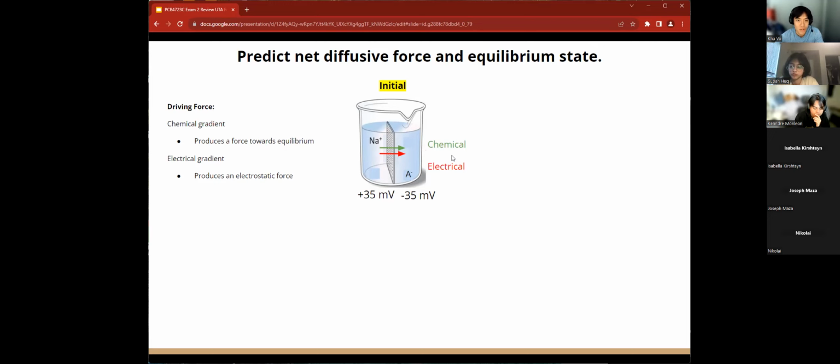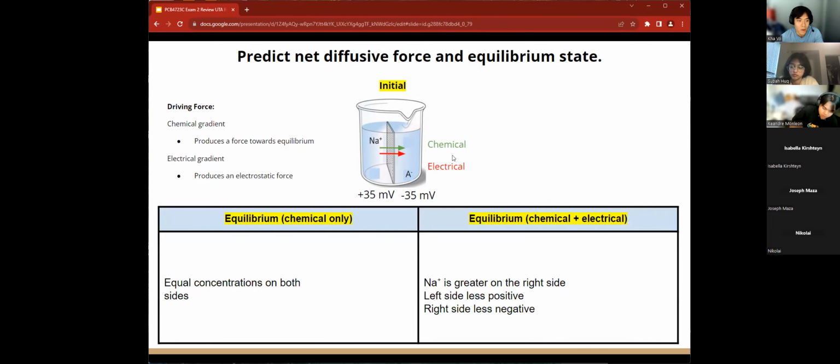Where it gets maybe just a little bit more confusing is when we have to predict the equilibrium state. So let's just say in the first example where only the sodium was in this beaker, let's ignore this ion here. What would occur is there would be equal concentrations of sodium on both sides, right? Obviously that's equilibrium, okay? Very simple.